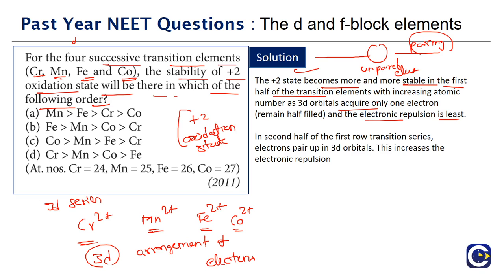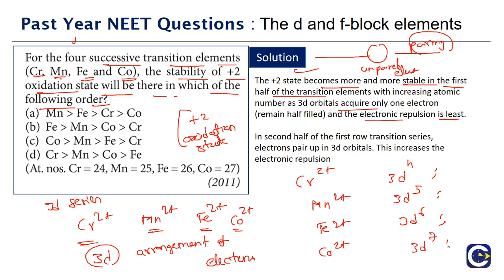Okay, so if you look at these ions, chromium 2+ will have the structure 3D4, and manganese 2+ will have 3D5. Iron 2+ will have 3D6. Cobalt 2+ will have 3D7, because they are chromium, manganese, iron, cobalt.